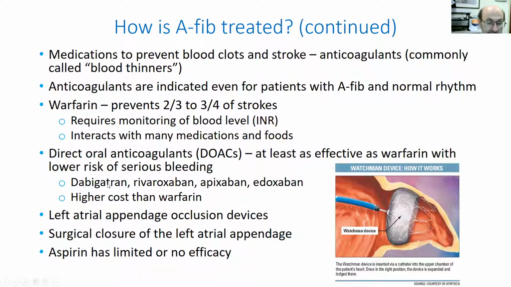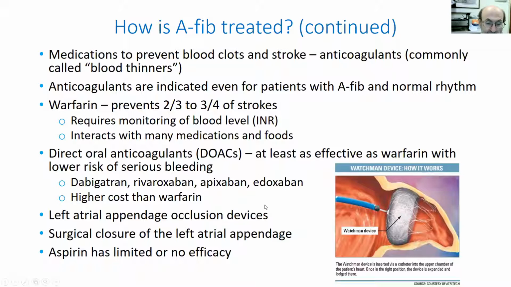These are dabigatran, which is Pradaxa, rivaroxaban, which is Xarelto, apixaban, which is Eliquis, and edoxaban, which I never use, and I don't remember the brand name for that. It's not commonly used in the United States.